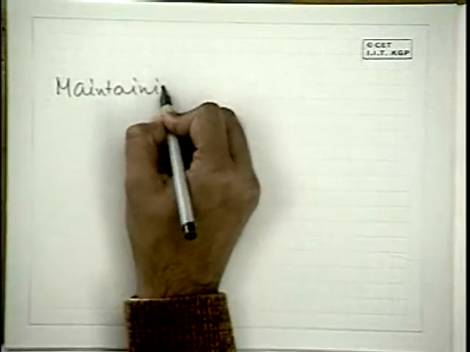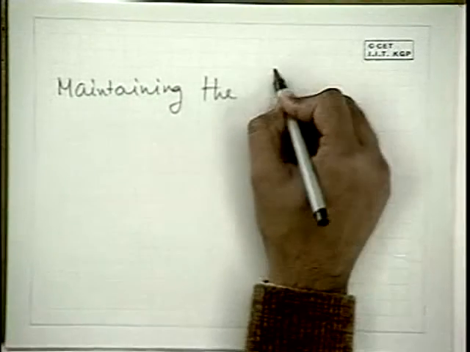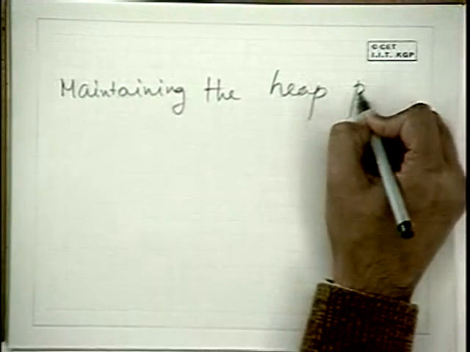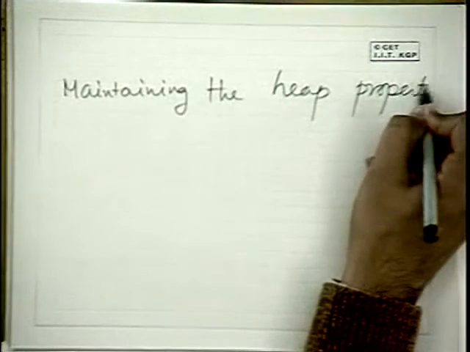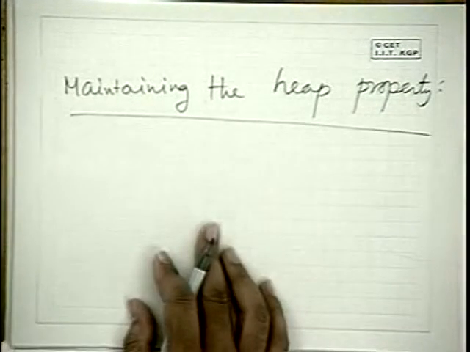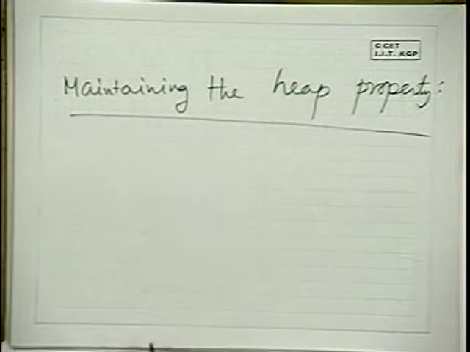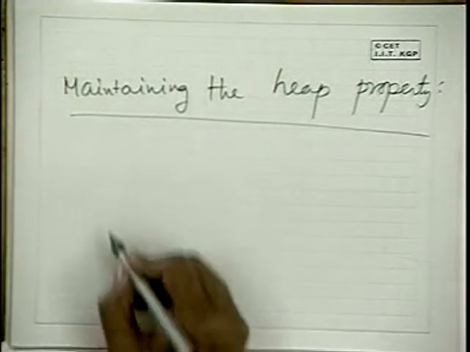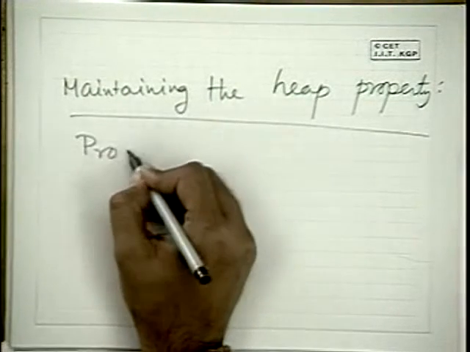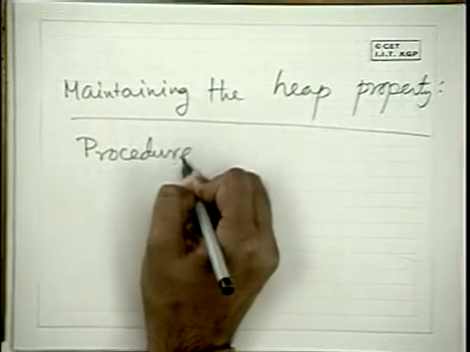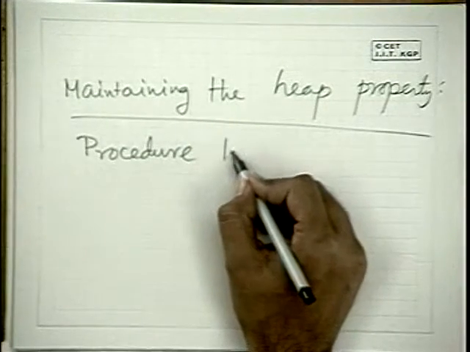So that's what I am going to write. Maintaining the heap property. I am going to write the algorithm, and you will see it's only 3 lines of code. So the procedure, I'll call it down heap.